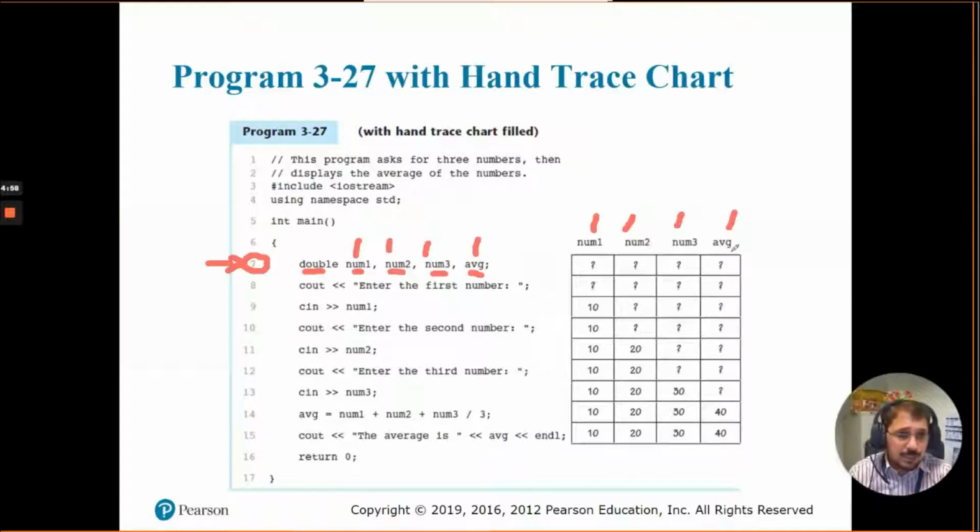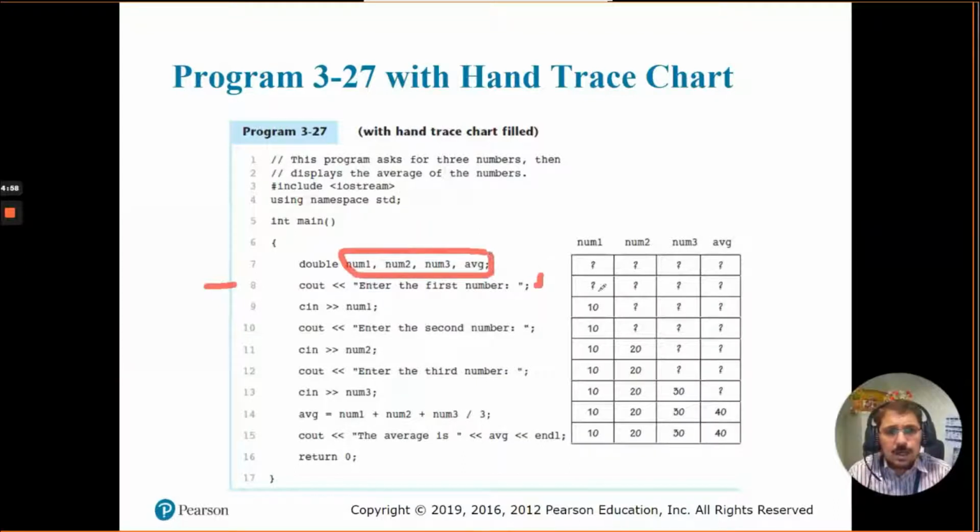So these variables are just created. You see we didn't assign any value to average or to any variable. This is why the values are unknown, question mark. Then when it comes to line number 8, its value is still unknown, because it is just a cout prompt. This cout prompt doesn't change anything here, so the values are still unknown.